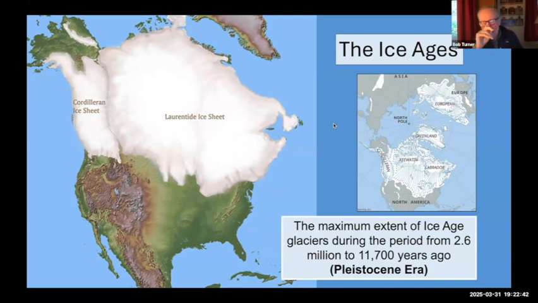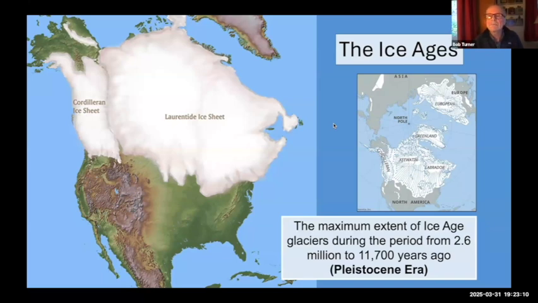And when I talk about the Ice Age, Earth history has had a number of ice ages. I'm referring to just the most recent one that ran from about 2.7 million years ago to about 11,700 years ago, which in geologic time is just yesterday. And geologists call this the Pleistocene era, or the Pleistocene glaciation.